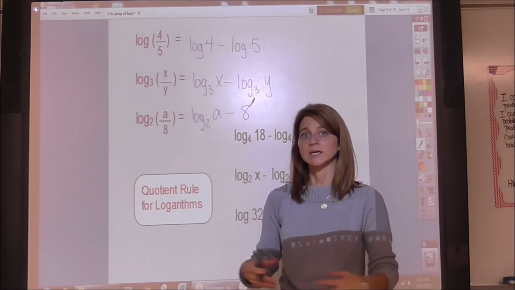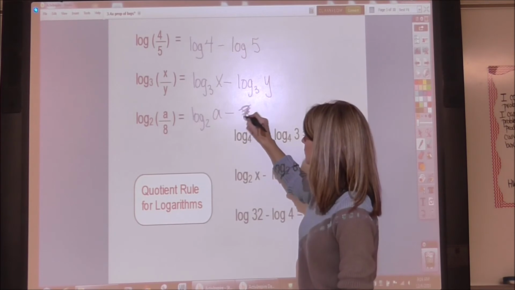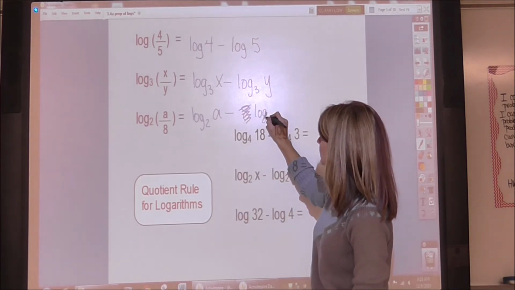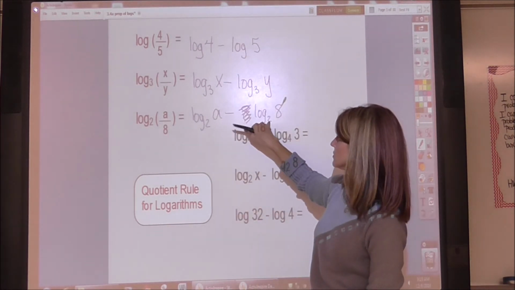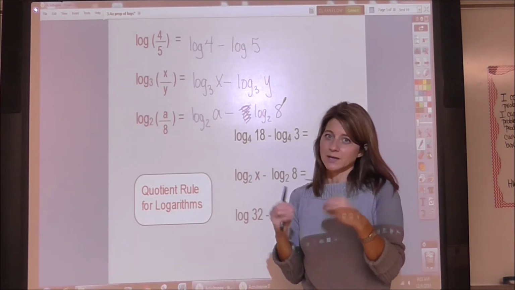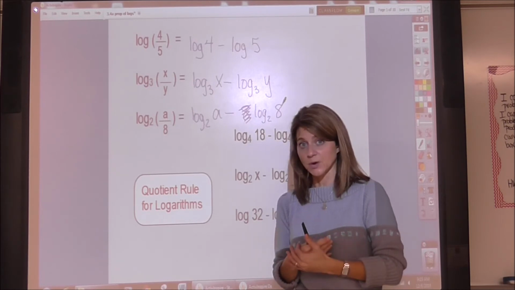If you're expanding it, it is part of a logarithm problem. It's not just the number 8. So the log base 2 of a is fine, but you're minusing log base 2 of 8. And actually, you know what that is. 2 to some power makes 8. That's actually the number 3. So you're not really minusing an 8, you're minusing a 3. And that's a difference if you put the log in or take the log out.